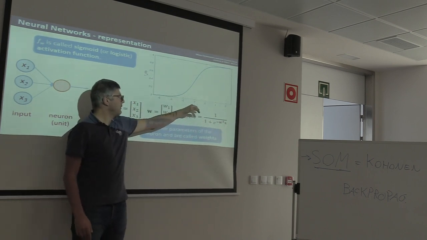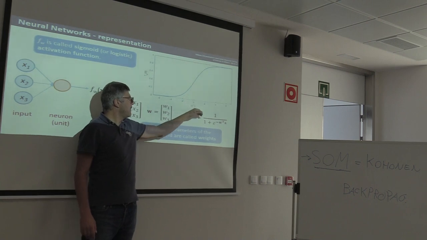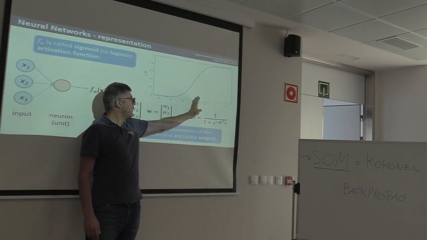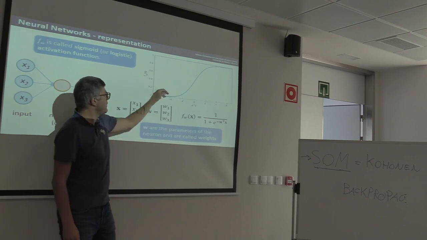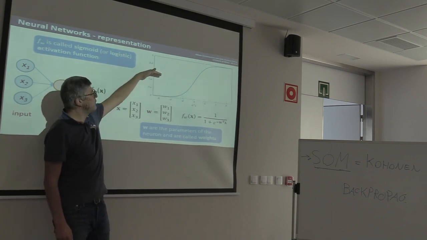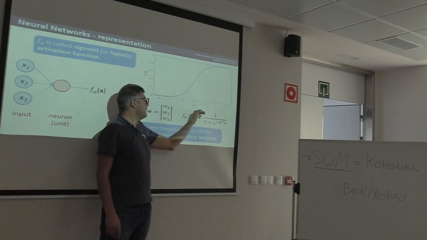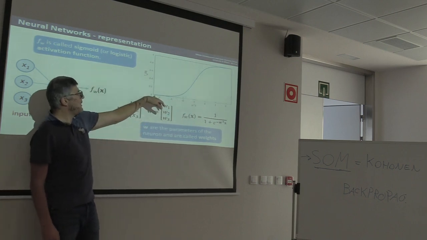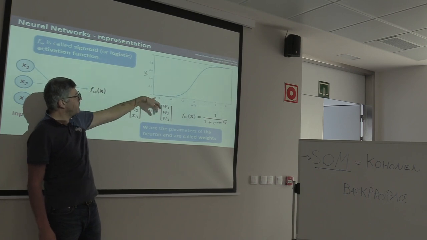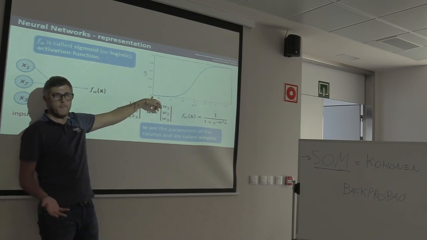On the opposite, if this linear combination is lower than 0, then you get an activation function which is lower than 0.5, and if this linear combination is very low, then you get an activation function which is close to 0.